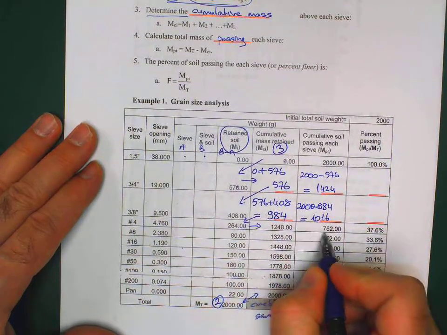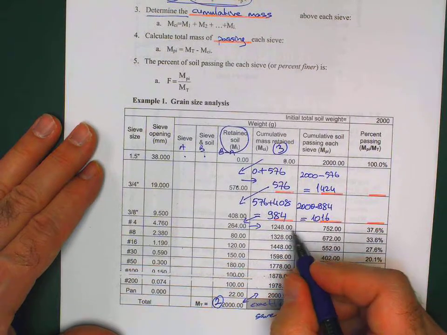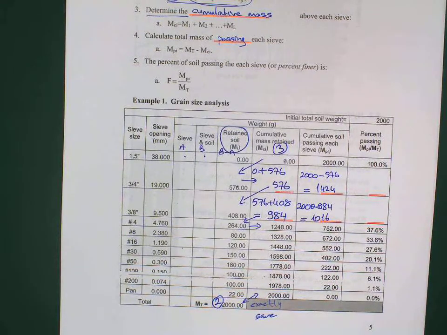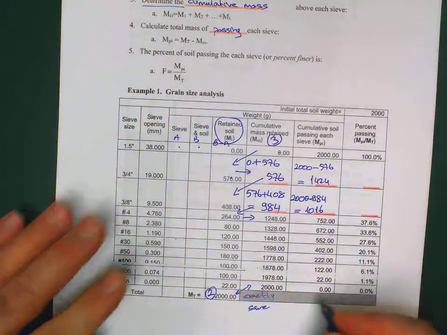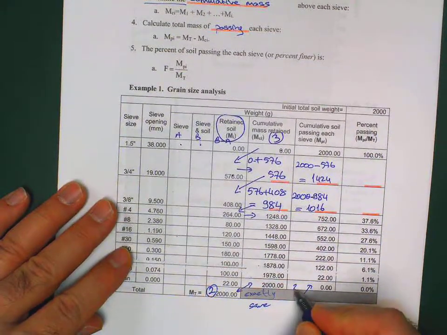Again, the same here. 2000 minus 1248 will give 752, and so on. In here, the last number needs to be 0.